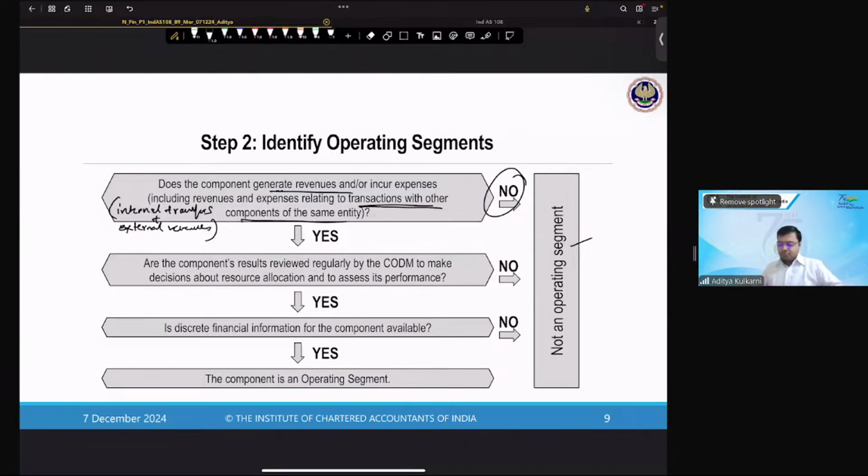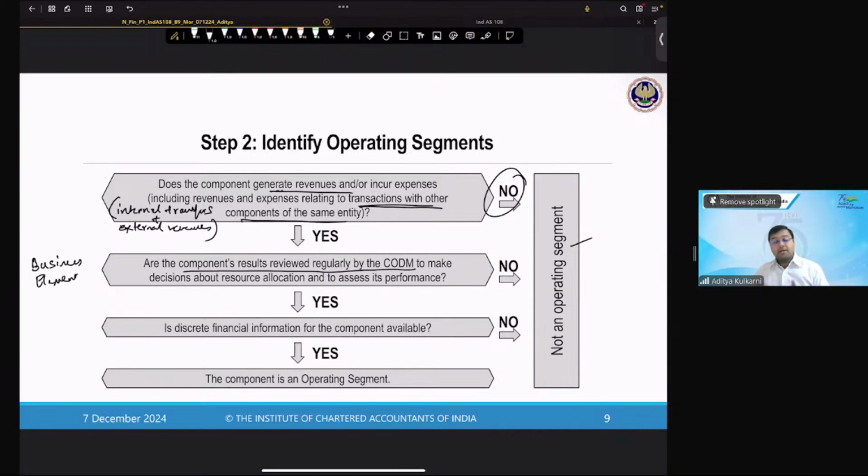Okay, now coming to the next one. Are the component's results reviewed regularly by the CODM to make decisions about resource allocation and to assess its performance? So this is the business element. What was there in AS 17? In AS 17, are the component's risks and rewards the same or different, as assessed by the accountant?